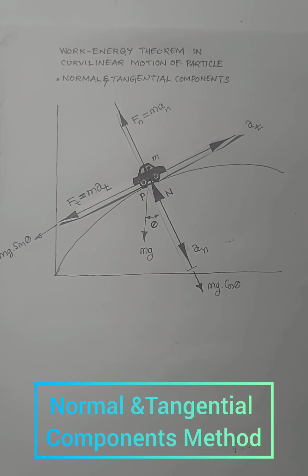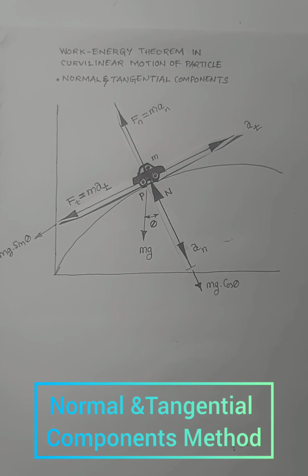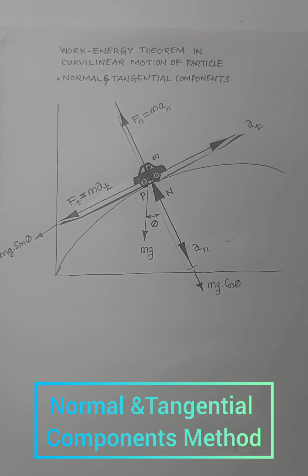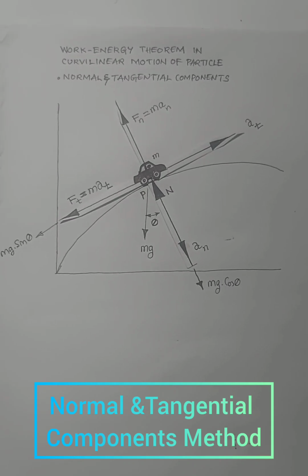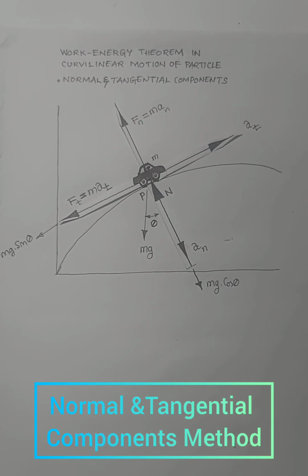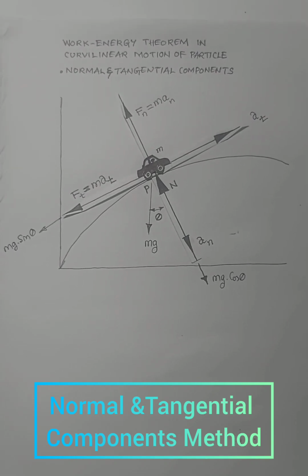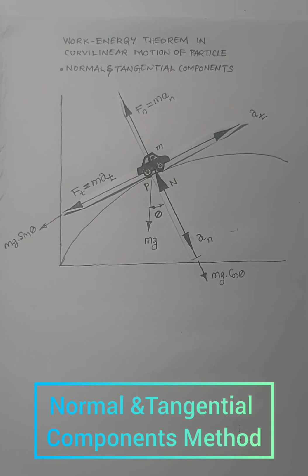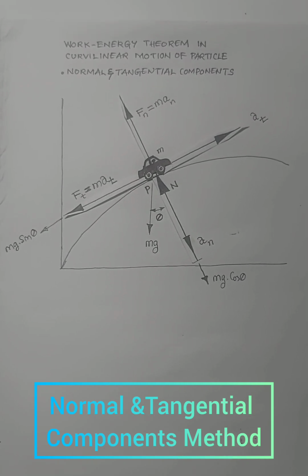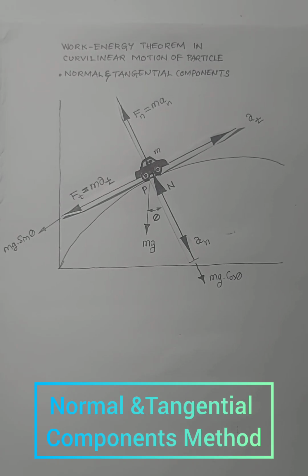For that mg force, making theta inclination with the normal reaction force, the adjacent component is mg cos theta. The opposite component to theta is mg sin theta. Mg sin theta is directed opposite to the tangential acceleration. Mg cos theta is directed along the normal acceleration direction.